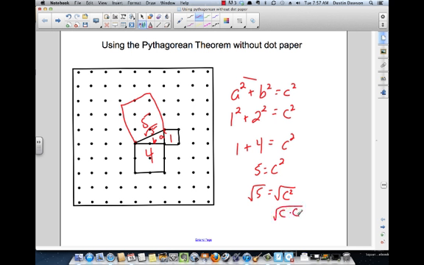And the square root is asking what times itself will get you the number underneath the square root. Well, c times itself will get you c squared. So if you take the square root of c squared, you just get c, which is the length of the hypotenuse that we want to find. So the square root of 5 equals c, and that is our answer.